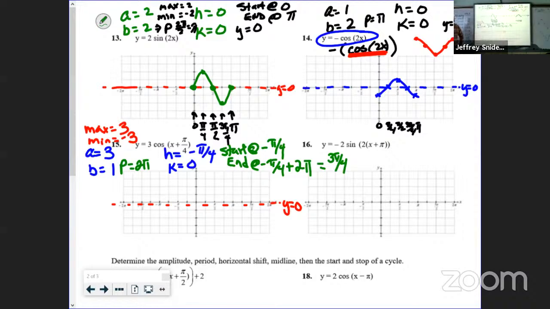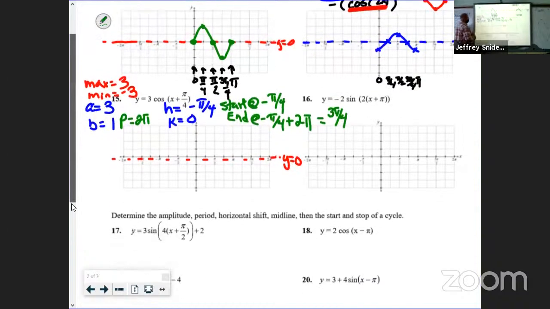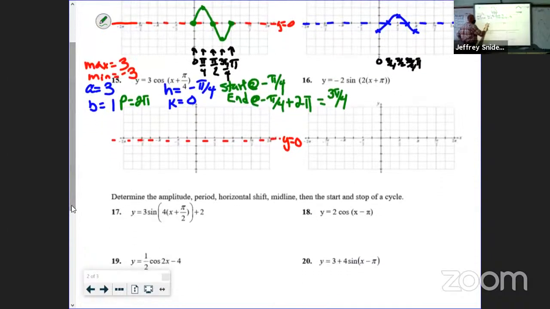All right, so now I'm looking at my graph, my grid here. If that's -pi/2 and that's 0, that means this is what? -pi/4. This is 3 pi/4. Now I need to cut that into what?